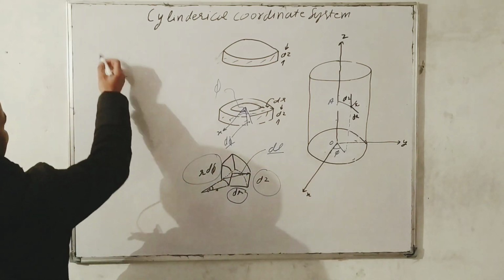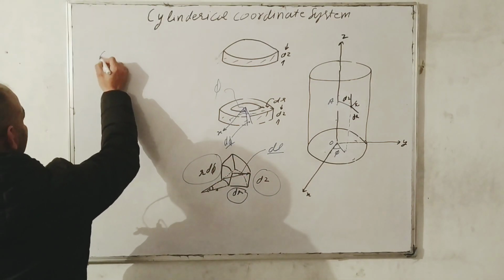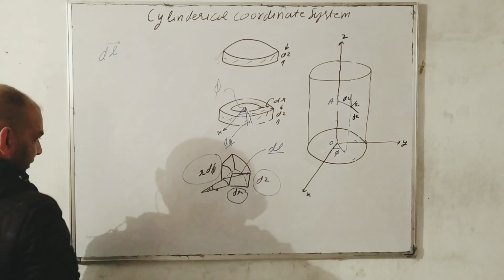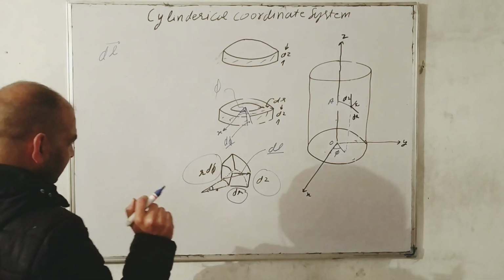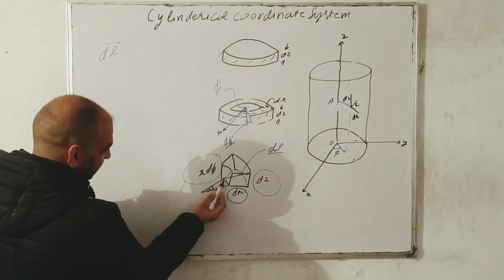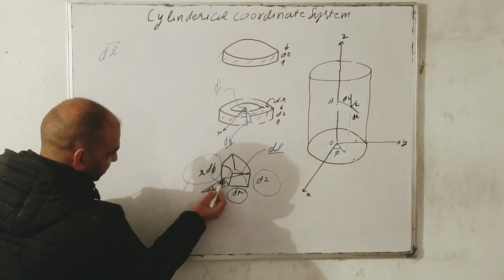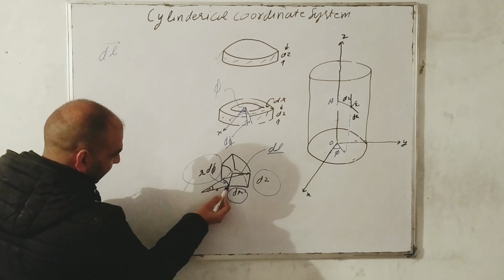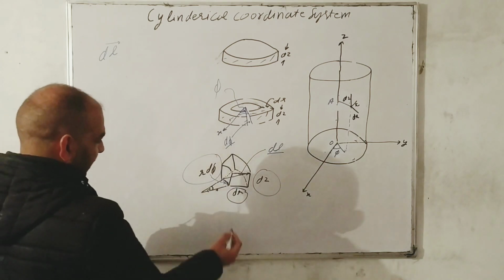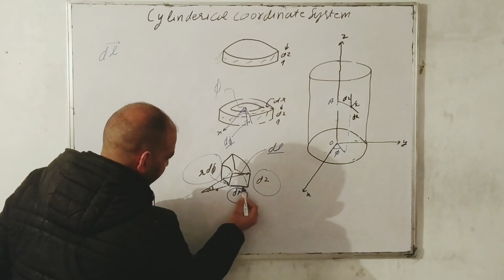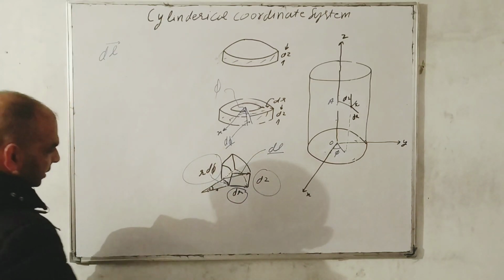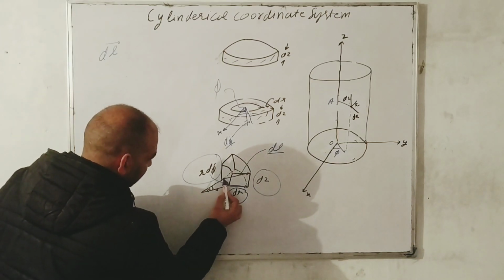So what will this line element be? It will be the dl vector. Suppose this is one vector, r d phi, and this is another vector, dr. Their resultant will be another vector.